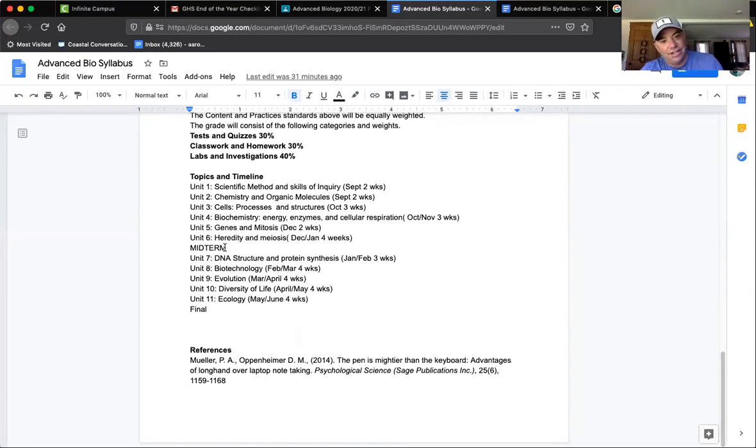And then we get into genetics, genes and mitosis. One thing that's really cool here is DNA structure, protein synthesis, and biotechnology. So we will do a genetics lab hopefully this year.